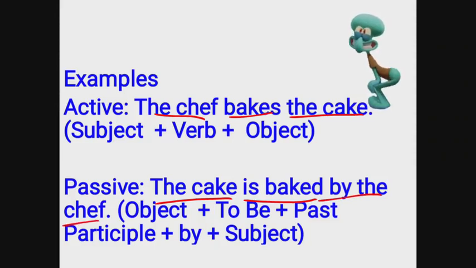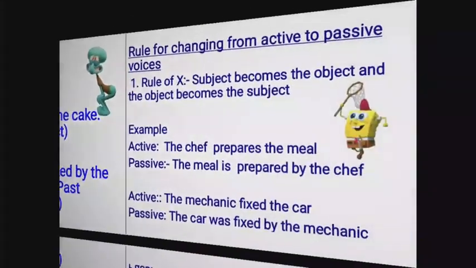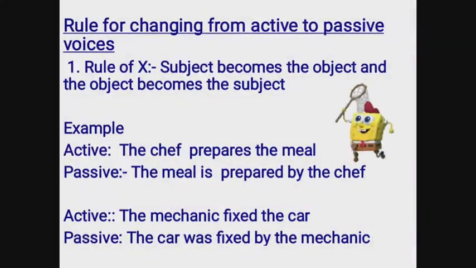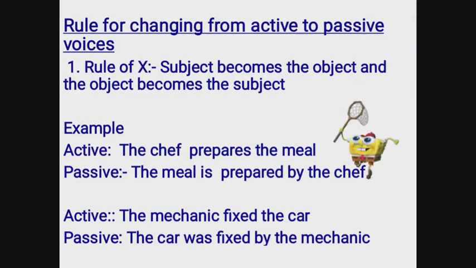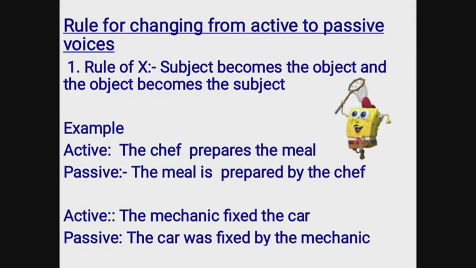So we twist it all around. Active voice focuses on the subject, passive voice focuses on the what? On the object. Let's move on to the next slide and look at some rules we can use when changing from active voice to passive voice.